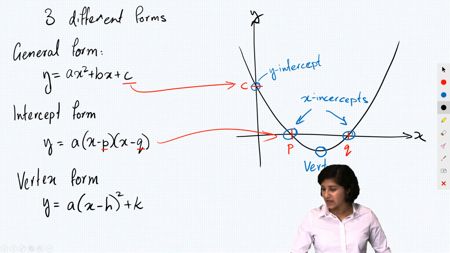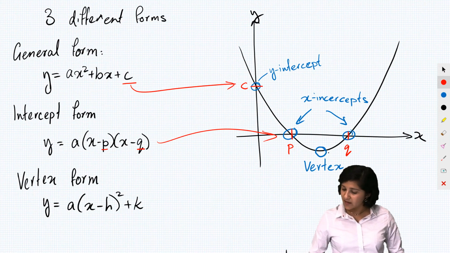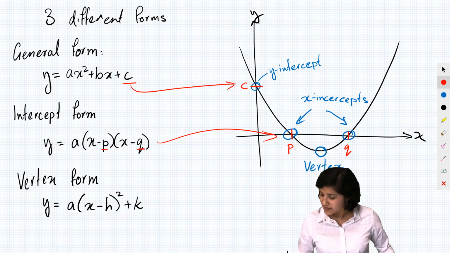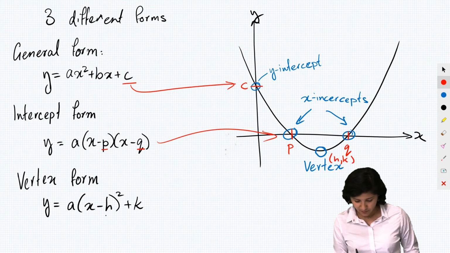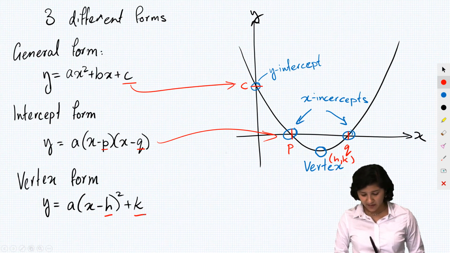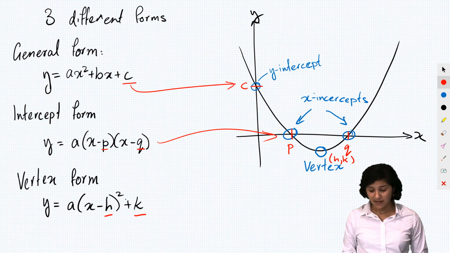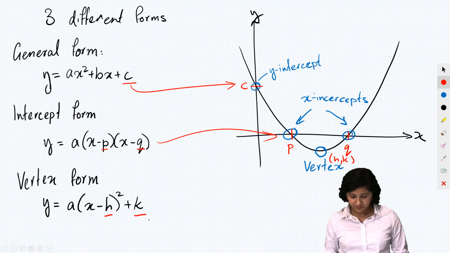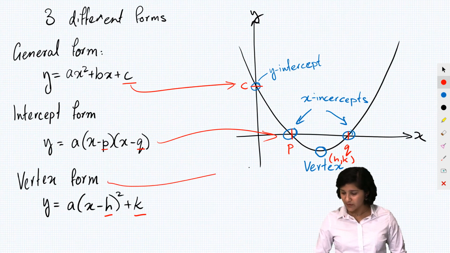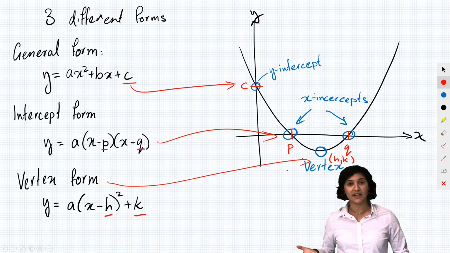So that equation tells us that the vertex occurs at h, k, from this h and this k. Pay special attention to the signs in this equation. So h, k, and so from this form, we can immediately get the vertex of our graph.